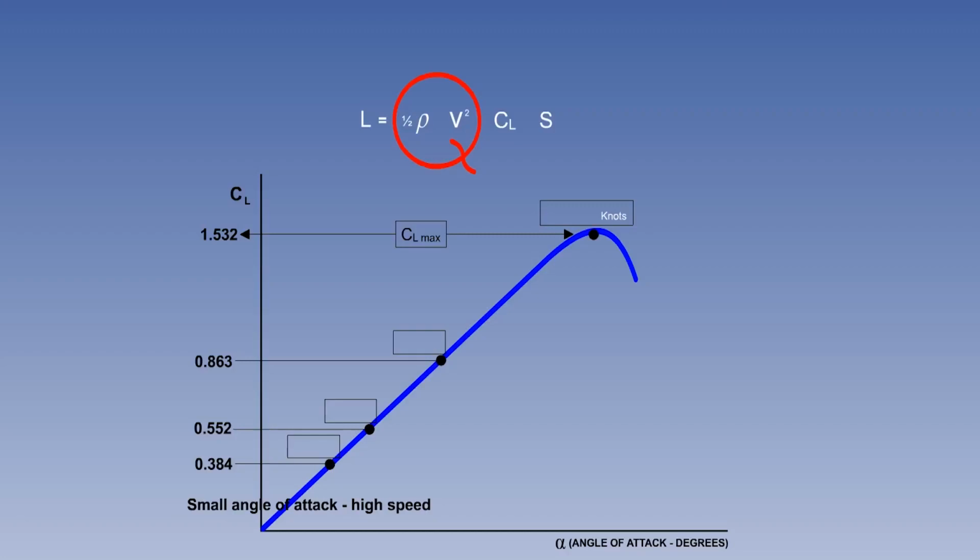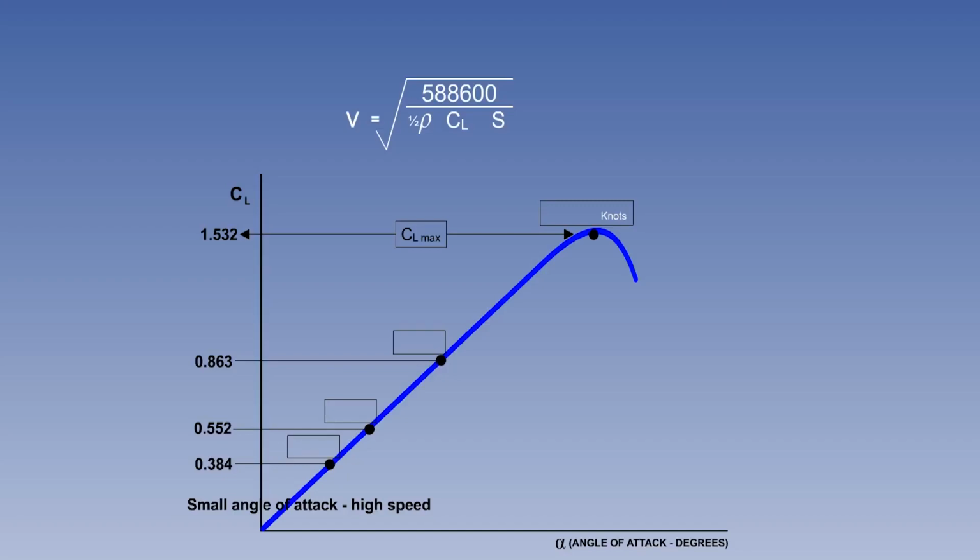To calculate speeds, we need to rearrange the lift formula to read velocity equals the square root of lift over half rho times CL times S. If the aircraft's mass is 60,000 kilograms, we need to multiply that by the force of gravity, 9.81 meters per second squared, to achieve a weight, which will be the same as the lift balancing it.